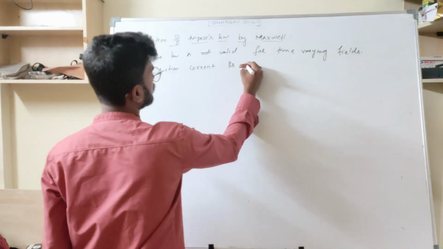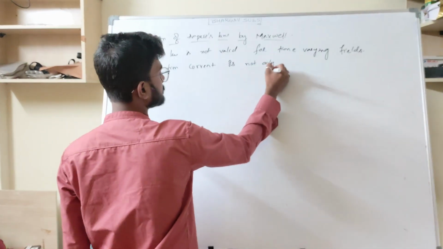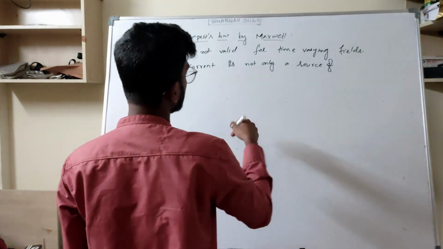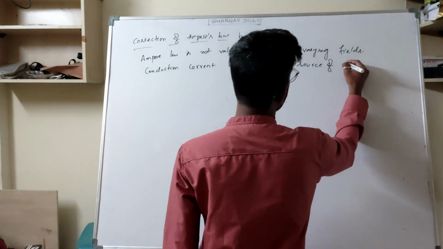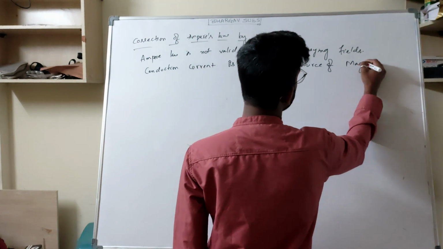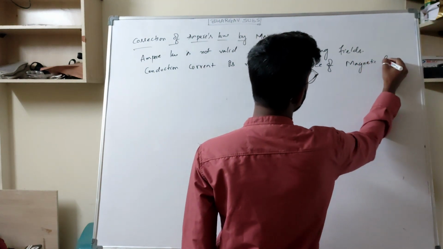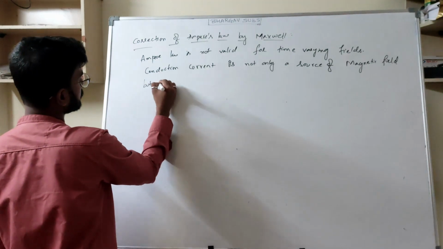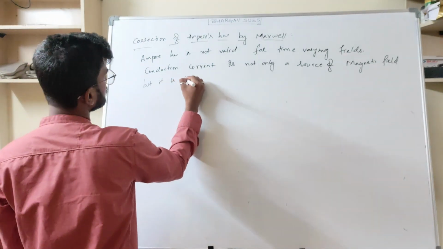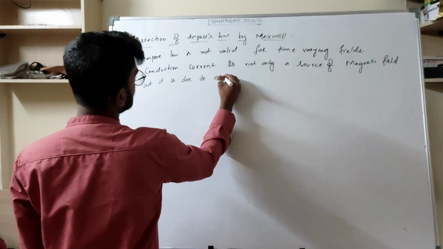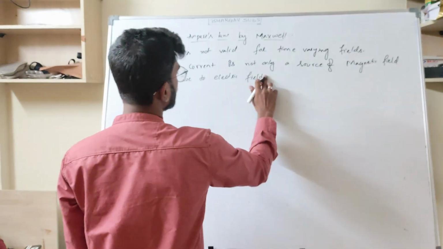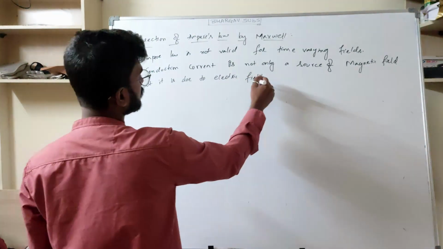So conduction current is not only a source of magnetic field, but also it is due to the electric field.